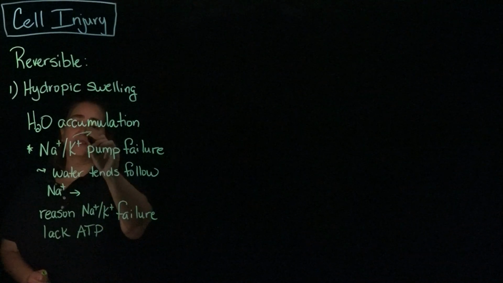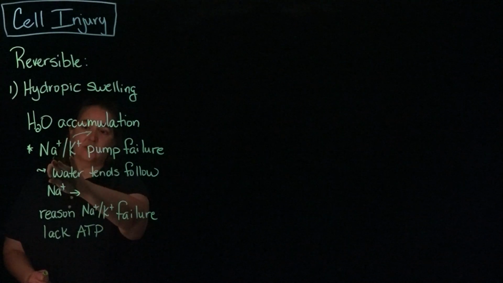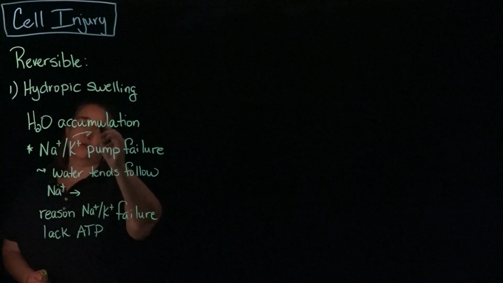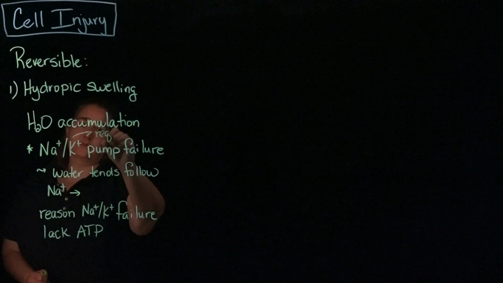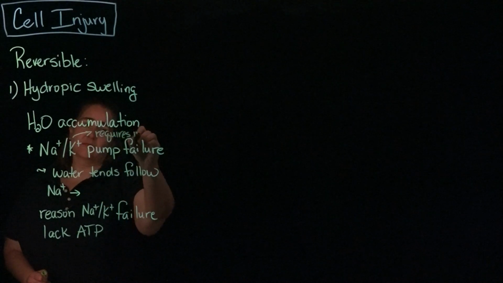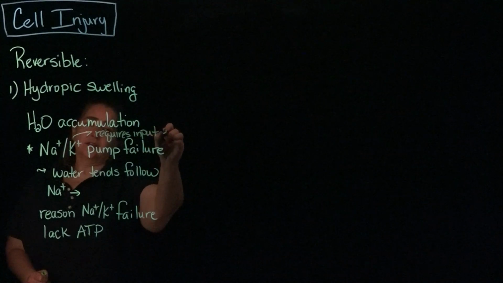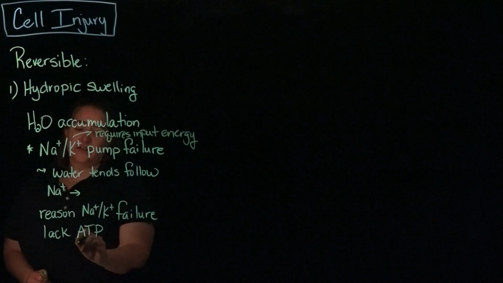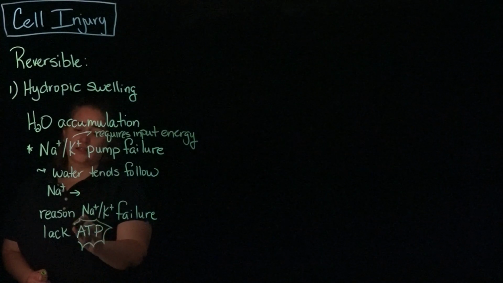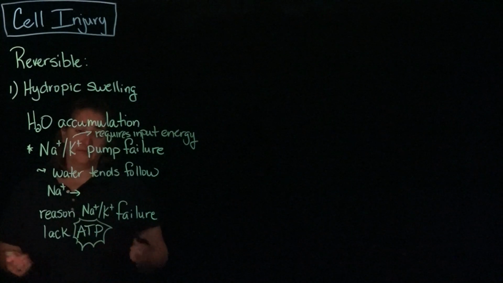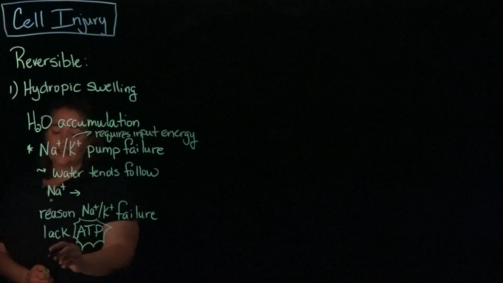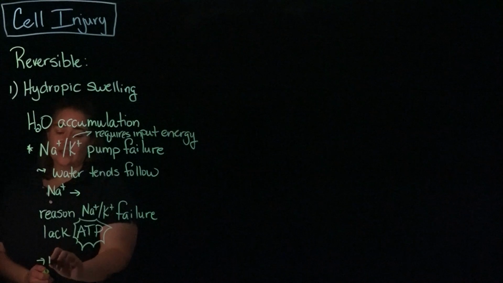Because this particular process, moving sodium and potassium, in this case you're moving against the normal concentration gradient, so it requires the input of energy. That energy is going to come from ATP, all right? There can be different reasons for why the cell isn't making ATP, all right?